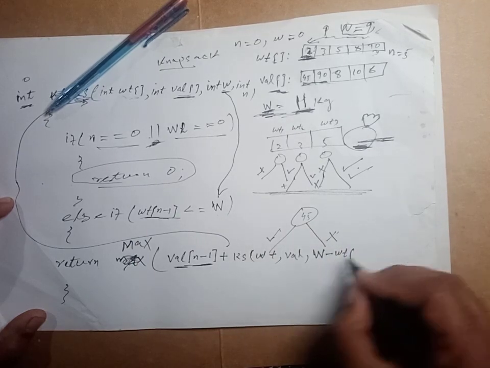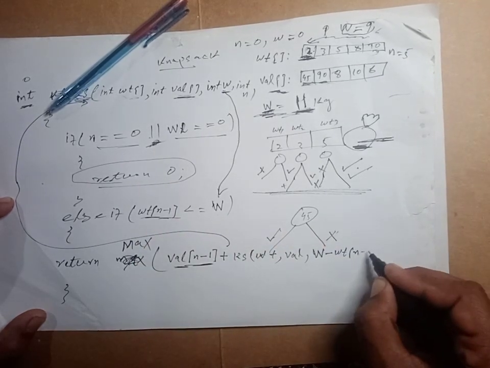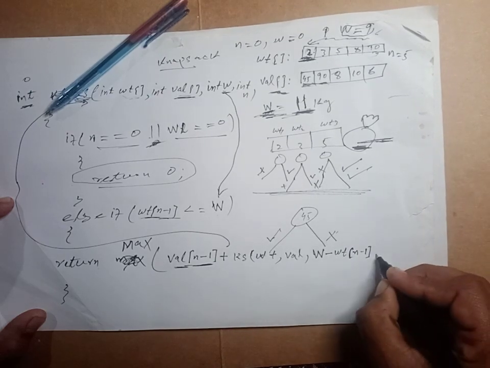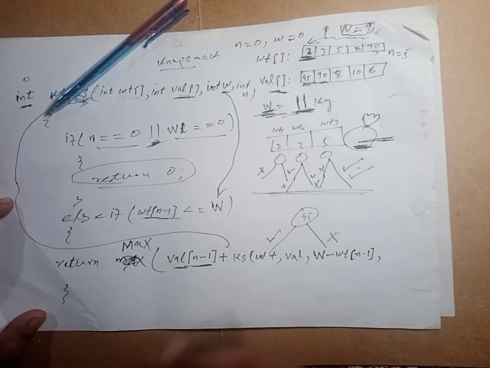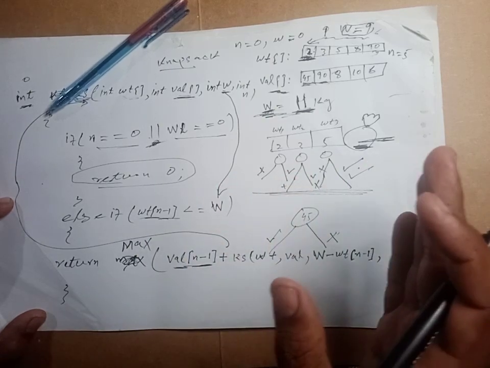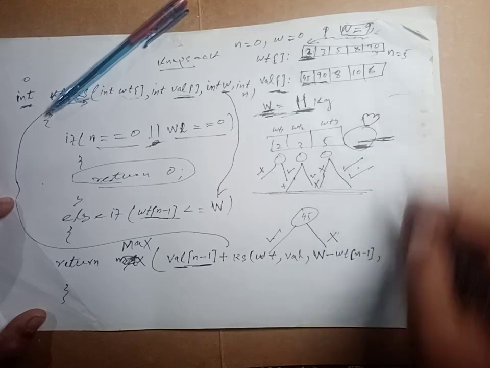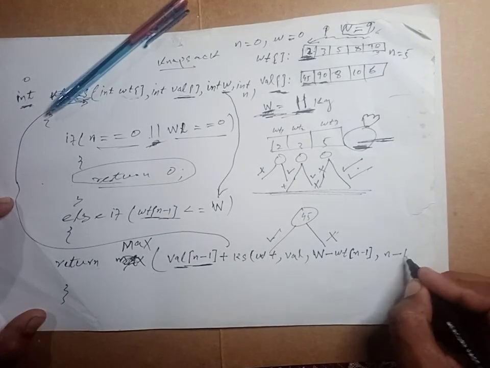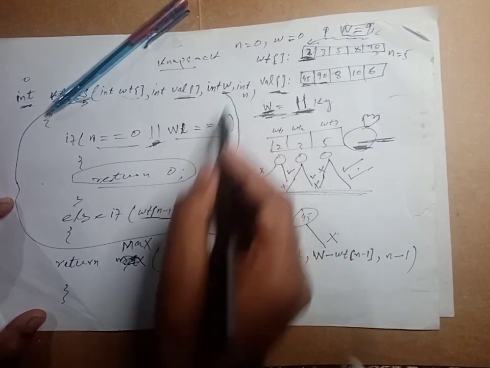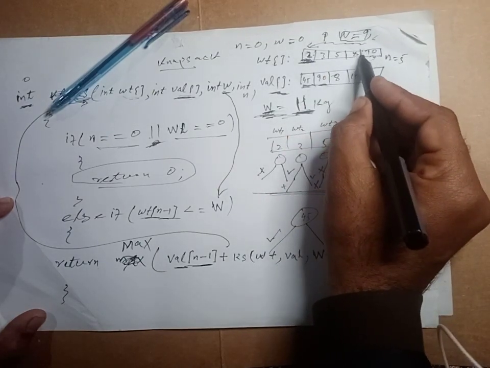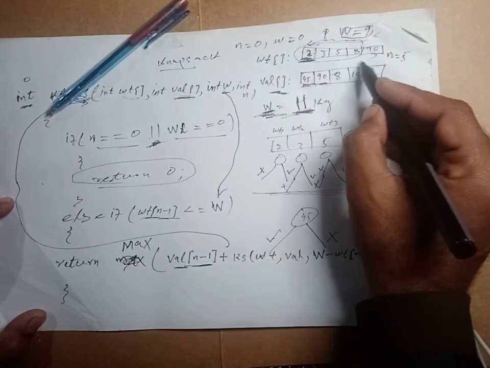So the weight of the particular item is n minus 1 for the time being, comma, what's next? The n value has changed, so n minus 1, the size has changed. Here it was 5, now the size becomes n minus 1, like 4.